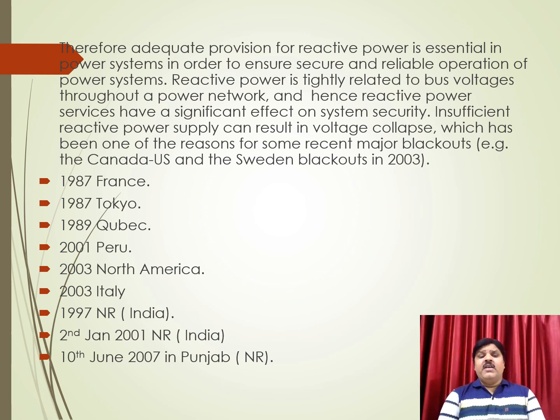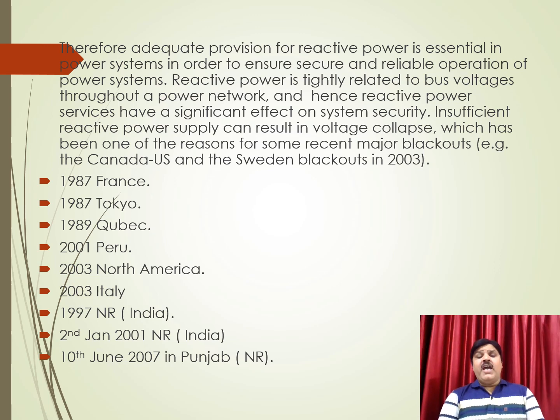Here we can see there have been a number of voltage collapses and grid collapses in different parts of the world, like in France in 1987, in Tokyo in 1987, in 1989 in Quebec and Peru. Similarly in 2003 it was the North American grid, and Italy, in 1997 the northern region of India, and similarly on 1st and 2nd January 2001 in India, and 10th June 2007 in Punjab.